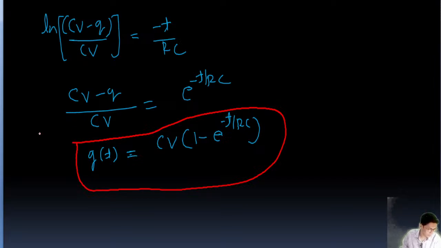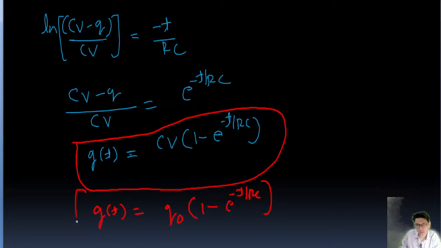And we can also write this like q, which is a function of t, equal to q0, because CV is constant, into 1 minus e to the power minus t upon RC. Both formulas are important. So qt equal to CV into 1 minus e to the power minus t upon RC, or qt equal to q0 into 1 minus e to the power minus t upon RC.